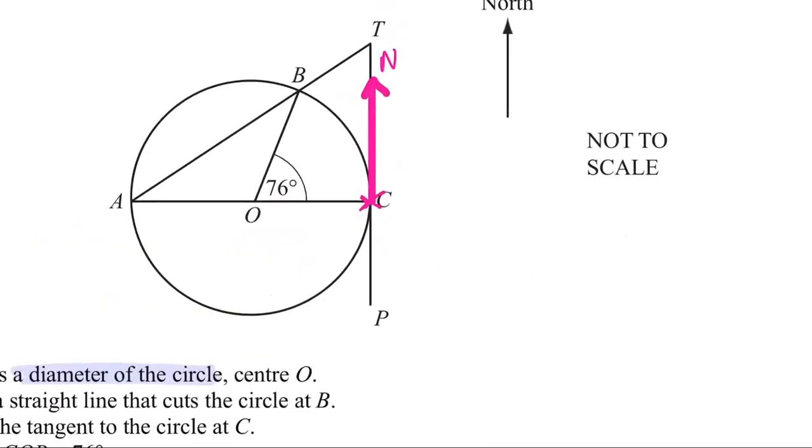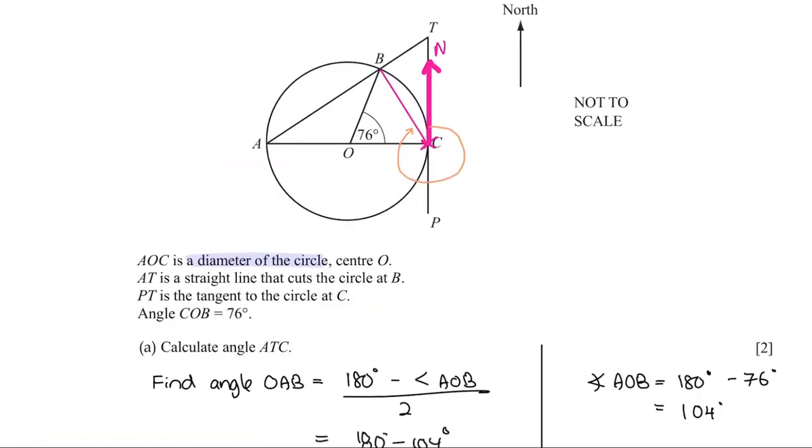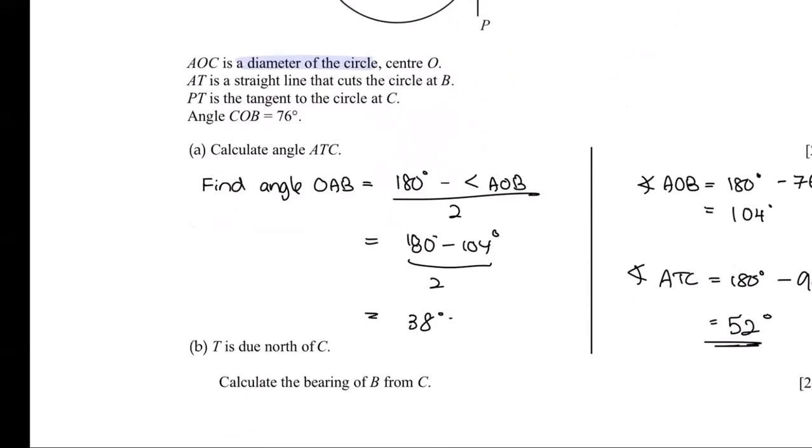To find the bearing of B from C, I need to calculate this angle, right? All we need to do is find angle BCO.